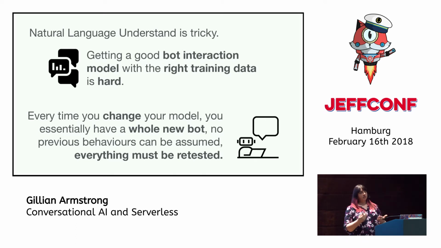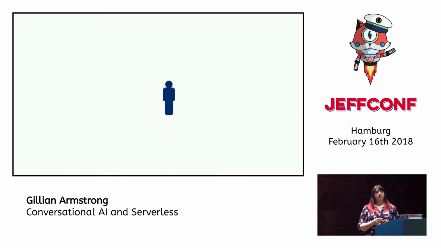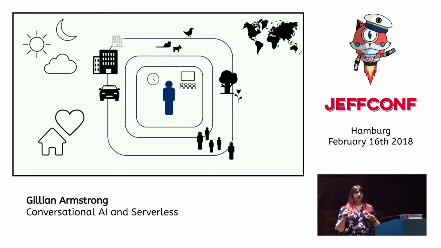And if I can give a quick example of why that is, here's the reason why it's so hard. So this is you. And you're sitting in this room right now, and you know that you're a human. You know that there are other humans around you. You know that you need air to breathe, that this room is inside a larger building that's in a city.